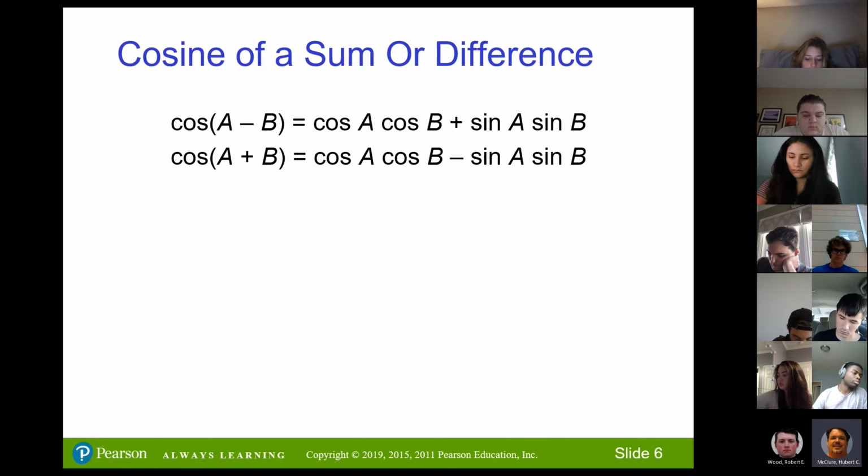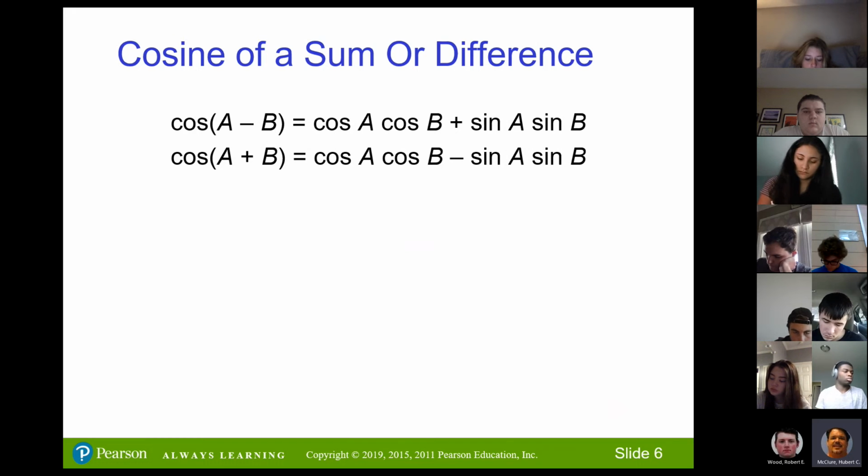I know there's no learning this; you're going to have to memorize some of these identities. Cos cos plus sine sine, and cos cos minus sine sine, that's the way I remembered them. You can do whatever you want to, but that's how I remembered them. And we'll do an example here in just a second.